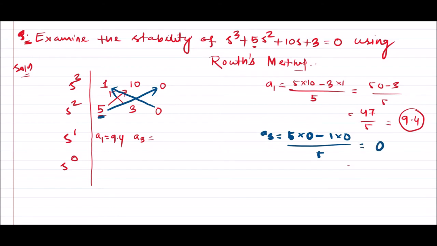So this particular value is 0. This is how we can find the values of the s^1 row.